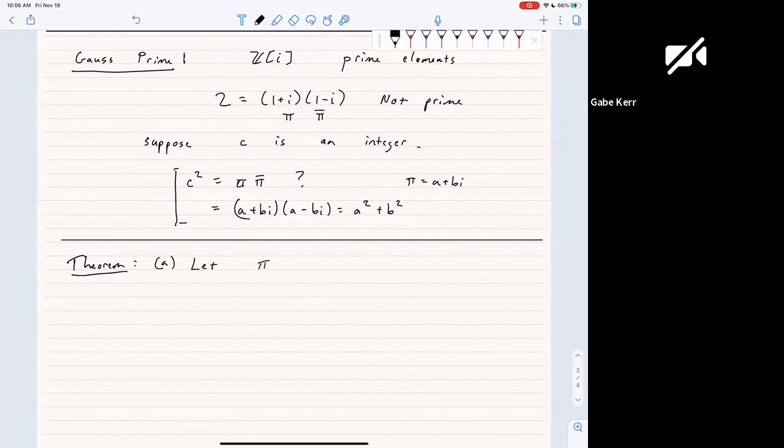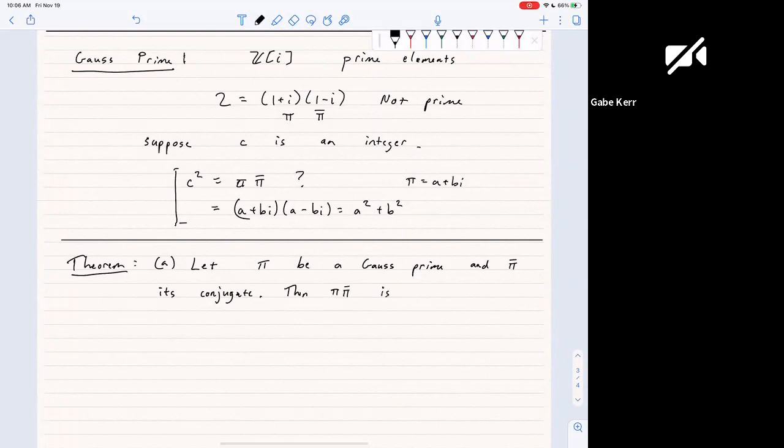Okay, so first it says, okay, suppose pi is a Gauss prime. And let's consider this conjugate, pi bar, its complex conjugate. Then one of two things happens when you consider pi times pi bar.